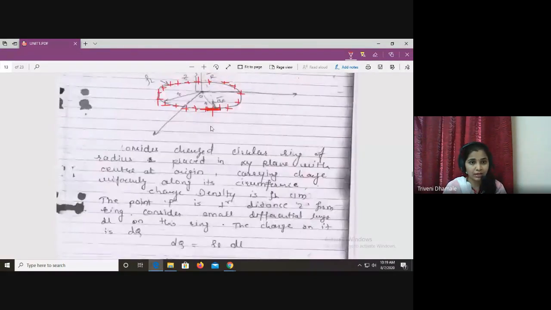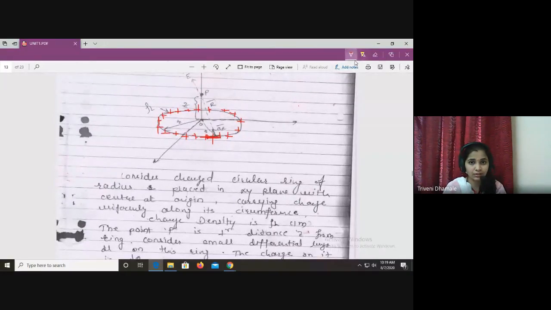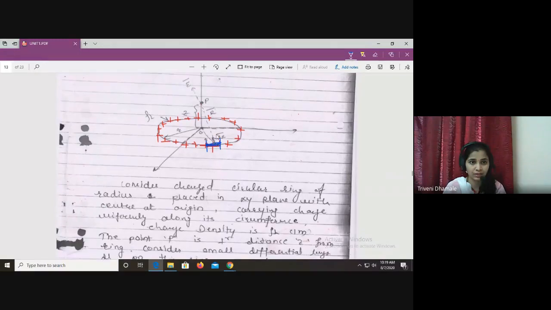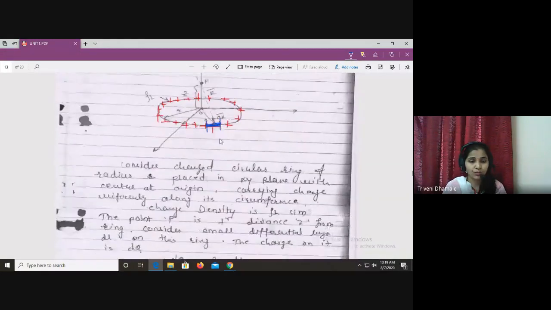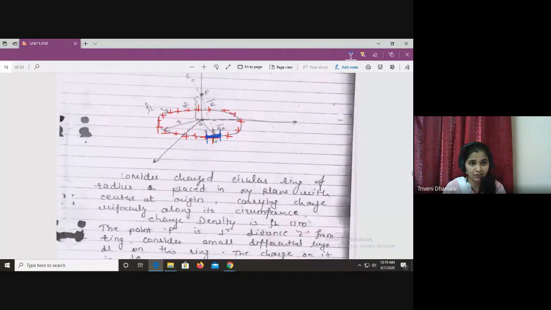We considered this small differential length, and from it we drew one unit vector. Now for this differential length the charge is dq, where dq is equal to rho L into dl.